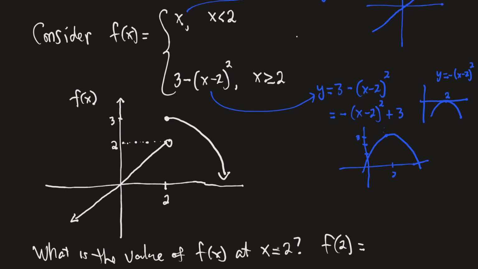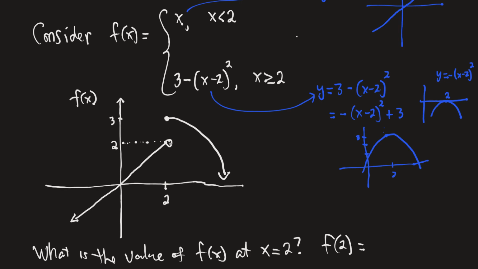So you have to ask yourself, is 2 less than 2? And no, it's not, right? 2 can't be less than itself. Is 2 greater than or equal to 2? And yes, it is. So because the value of x that I'm plugging in satisfies this inequality, I would have to use this piece of the function. And that's another reason why the circle is shaded in here. So the point is actually here.